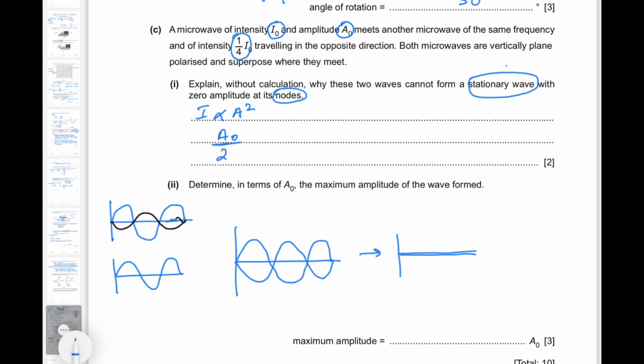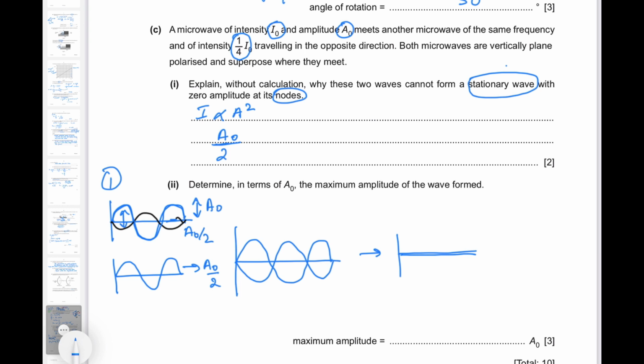So here I've drawn an example. In the first case, you've got wave A, which let's say has an amplitude A0, and then you've got wave B, which has amplitude of A0 divided by 2. This means at destructive interference, when the amplitudes subtract, this would result in an amplitude of A0 divided by 2.